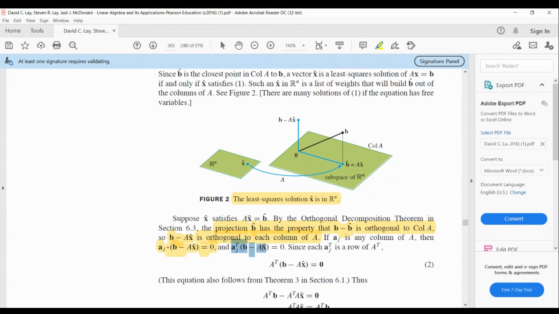Or equivalently, the transpose of the jth column vector of the matrix A times the vector b minus A x hat would have to equal 0. Are there any questions on that? It's absolutely beautiful stuff.